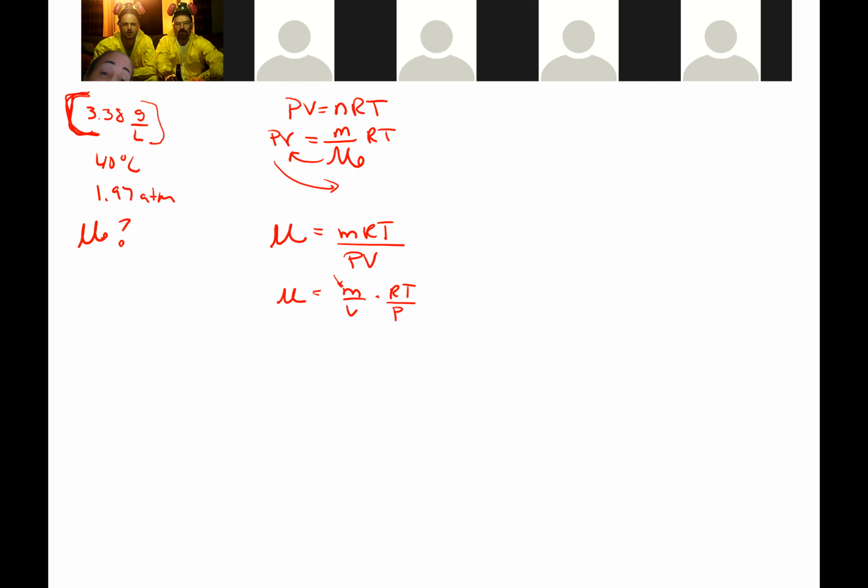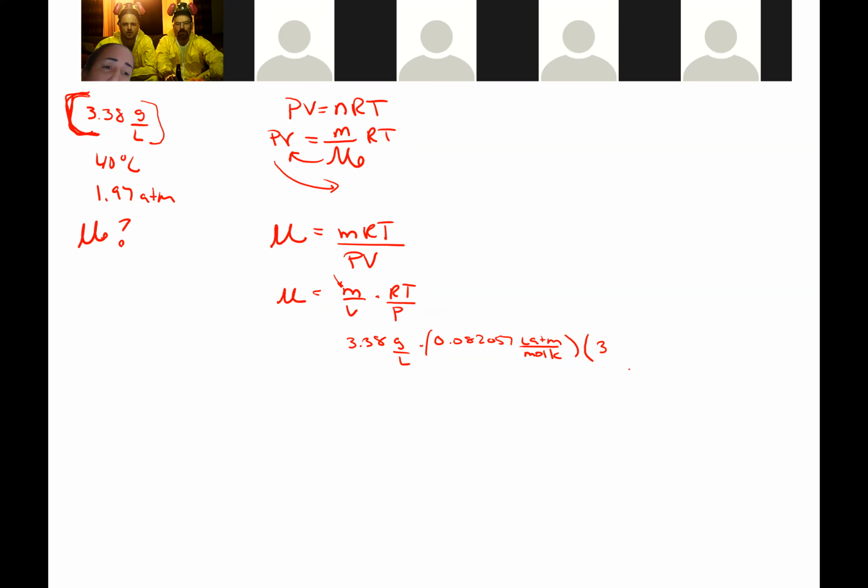So after here, you just plug in everything they give you. They gave you 3.38 grams per liter. You know R, that's 0.082057 liter ATM. What are the units that I should have left at the end of this problem? Grams per mole. Molar mass, exactly.